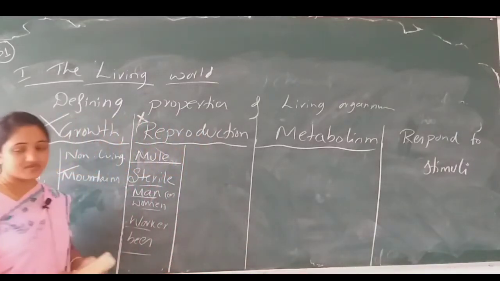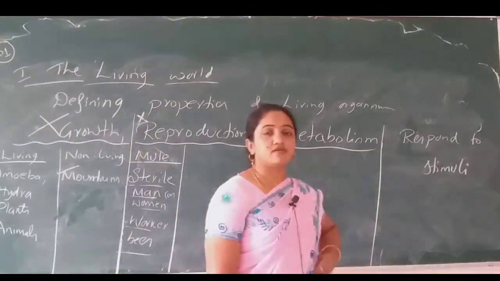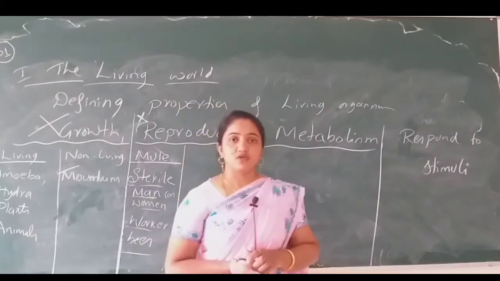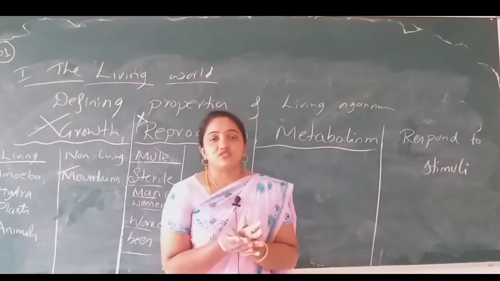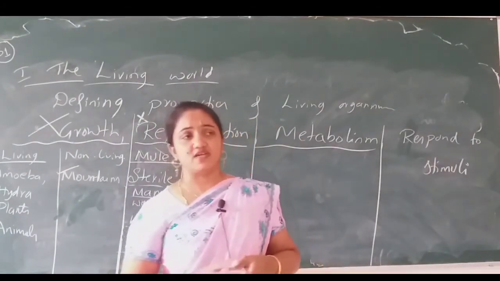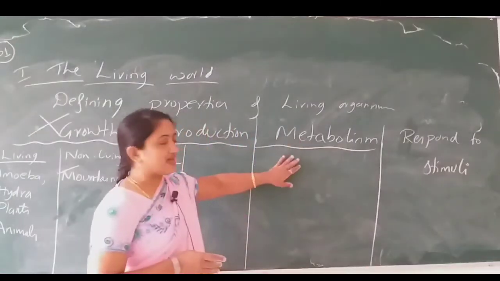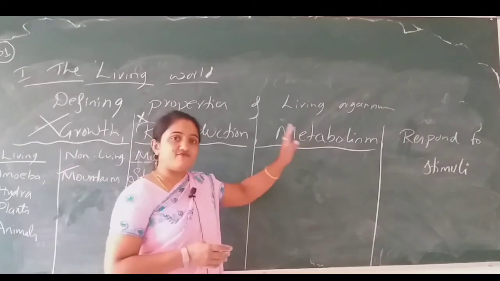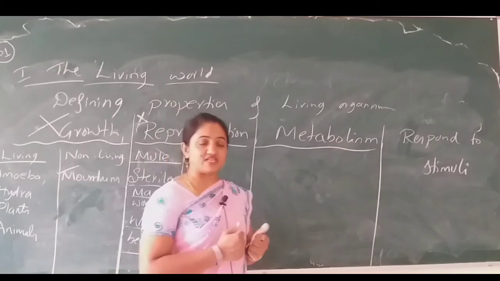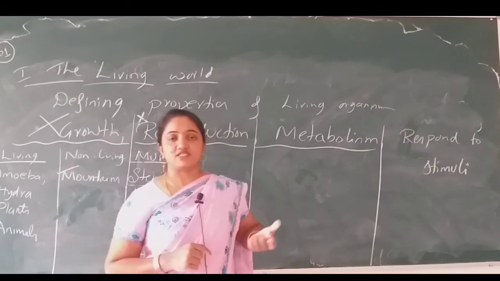Metabolism means the chemical reactions that take place inside the cell. What type of chemical reaction? What we consume, we used to consume rice or chapati or meat, non-vegetarian, vegetarian, a number of things are present. After having all these, we get strength or we get energy. Calories will increase, proteins, vitamins, everything will be in a balanced manner.